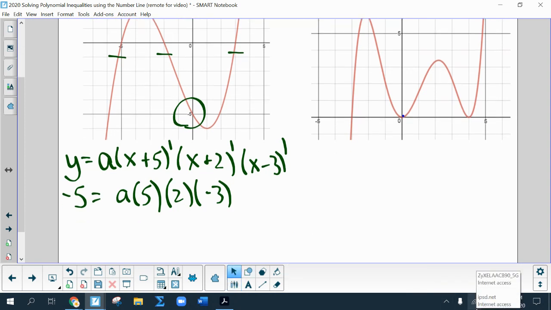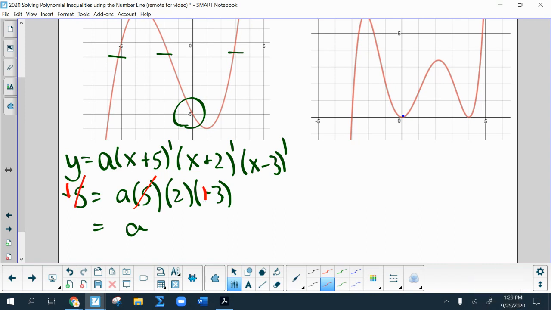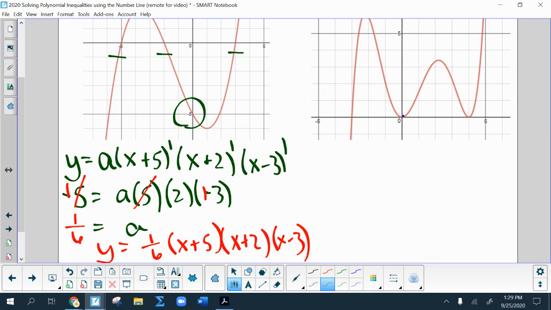So when I do this, I can cancel out the 5s, I can cancel out the negatives, and now I'm dividing by 6, and so I get a equal to 1/6 as my leading coefficient. The final polynomial is x plus 5 times x plus 2 times x minus 3 with the 1/6 out front. No need whatsoever to distribute. Please don't do that. It'll actually make it harder on you and on me.